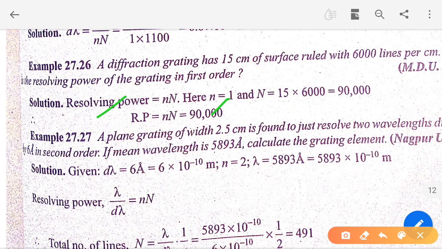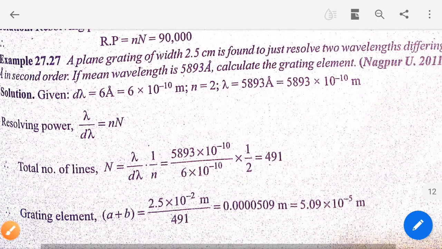For 1 centimeter there are 6000 lines, but the grating has a 15 centimeter surface, so the number of lines is 15 into 6000, that is 90,000 lines. Resolving power lambda by d lambda is n into N, that is 1 into 90,000, so 90,000 is the resolving power of the grating.